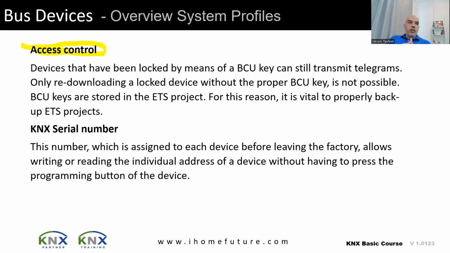So I use something called a BCU key. Okay, we'll see the BCU key in the practical part. The BCU key is a password that you put in your system, on the BCU itself, on the device itself. If I don't put in the right BCU key, then the device will not take any changes. So the system will still work, but if I want to make changes to the system, I have to put in the BCU key. So that is a security measure.